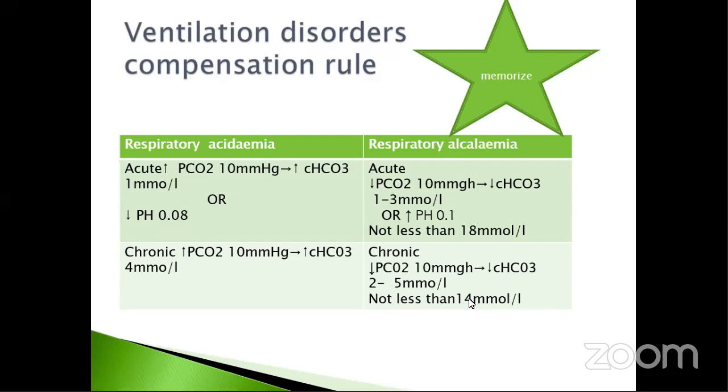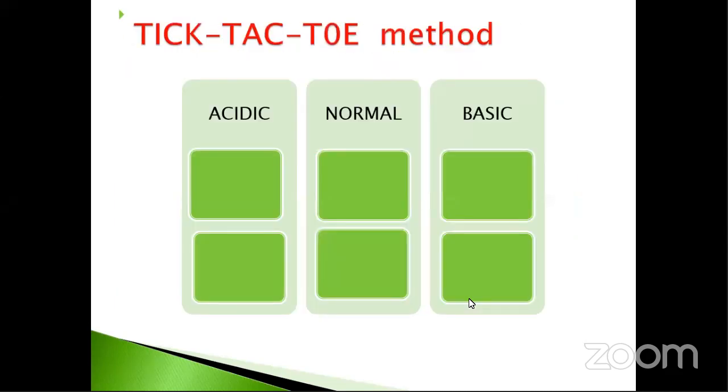For respiratory alkalemia, there will also be compensation. For acute respiratory alkalemia, for each 10 millimeter mercury decrease in PaCO2, there will be a 1 to 3 millimole decrease in bicarbonate. And in chronic status, for each 10 millimeter mercury decrease in PaCO2, there will be a 2 to 5 millimole decrease in bicarbonate.